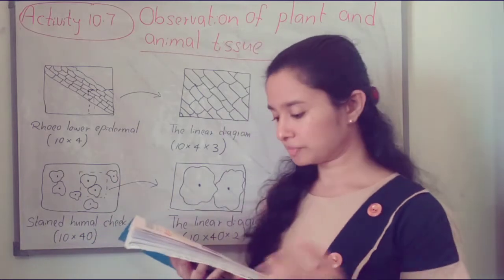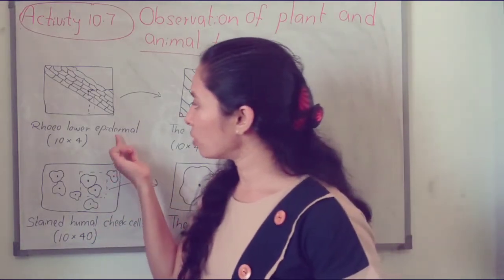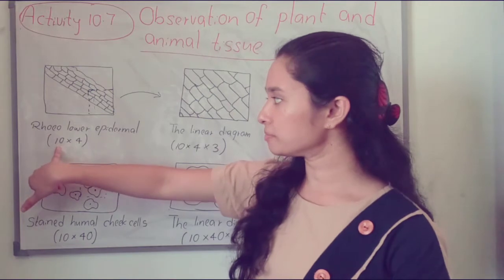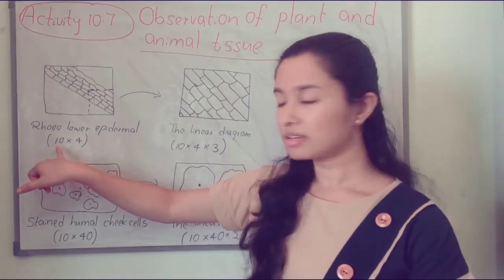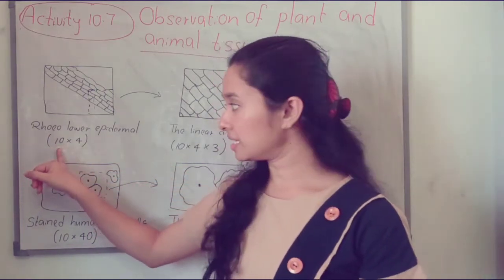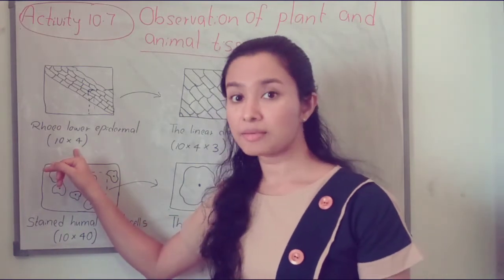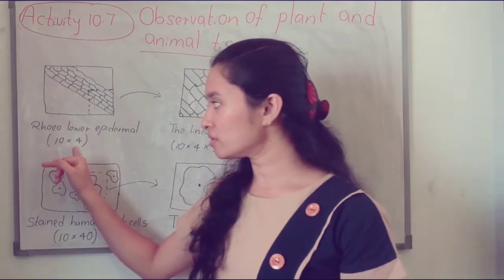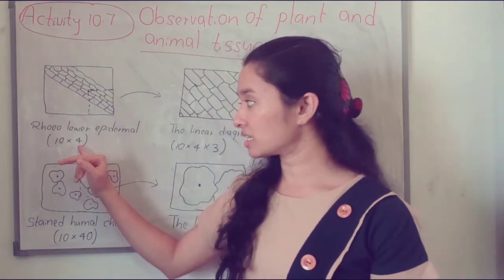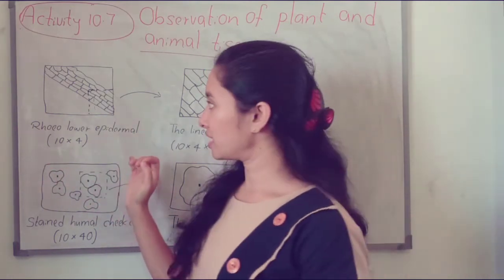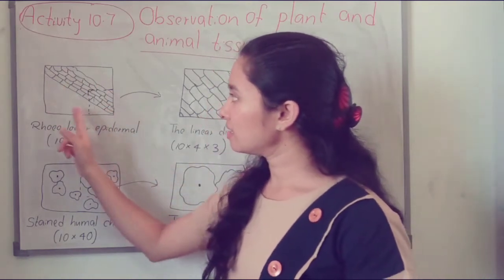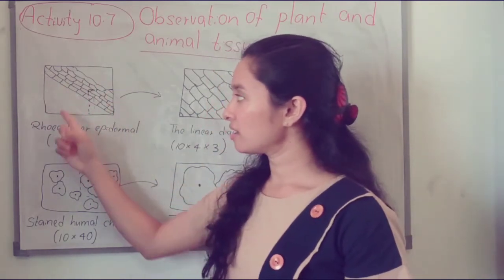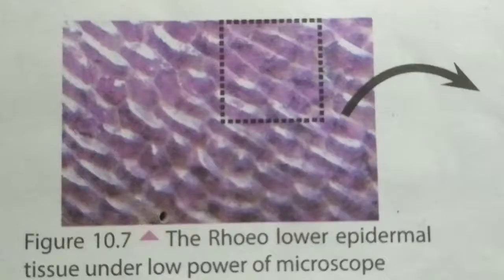Then you have to observe it with the eyepiece, whose magnification is 10, and for the objective lens, we have used the low objective lens, lower magnification. So we can see the image like this. We can see the royal epidermal cells as this.